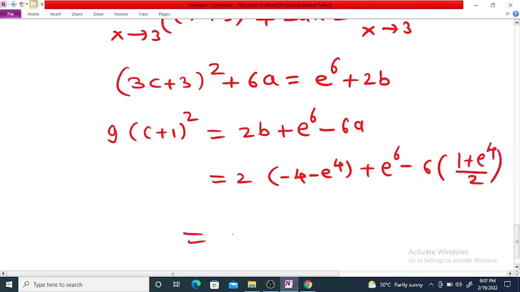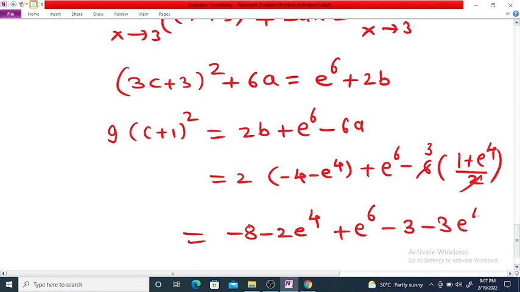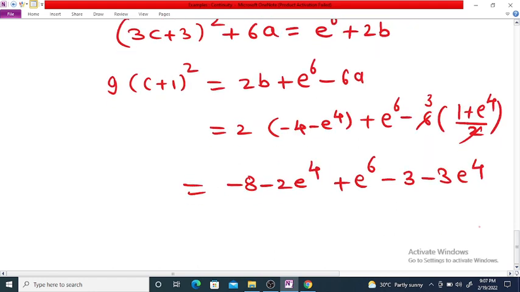So from this we get minus 8 minus 2 e raised to 4 plus e raised to 6 minus, if we divide 6 by 2, then we get minus 3 e raised to 4. So this is equal to minus 8 minus 3, it is minus 11 minus 5 e raised to 4 plus e raised to 6.